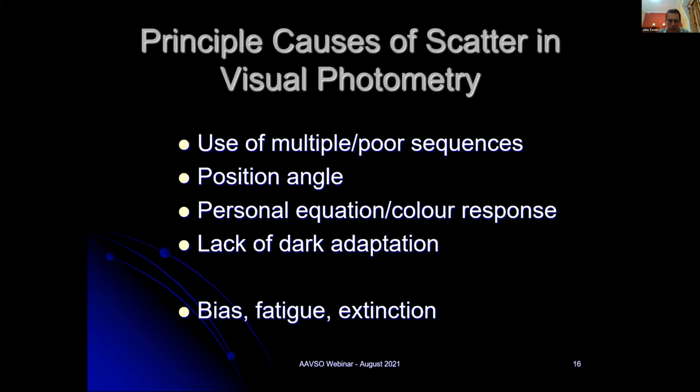Have you remembered your last observation and it's unconsciously influencing you to think it's going to be something similar? And you have to also think about comparison stars and the variable being close, and differing heights from the horizon.